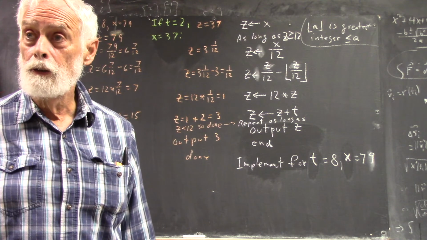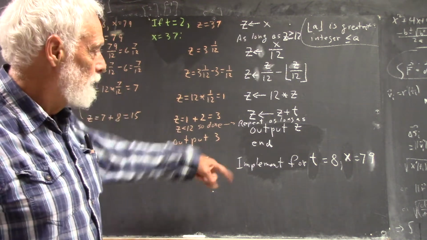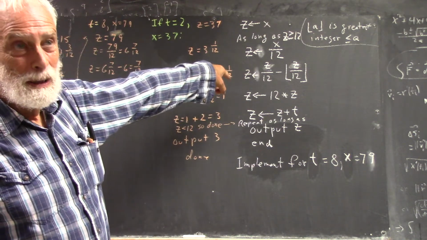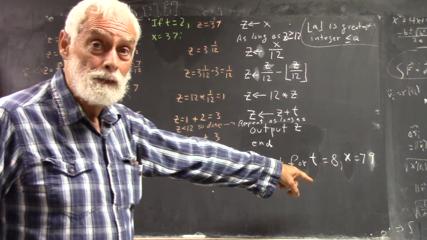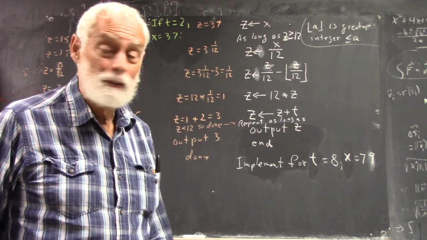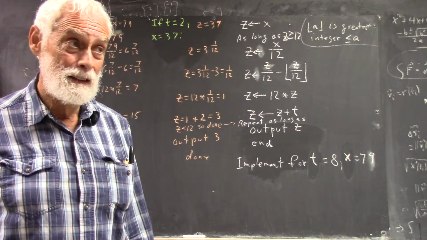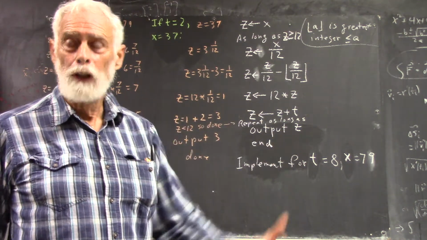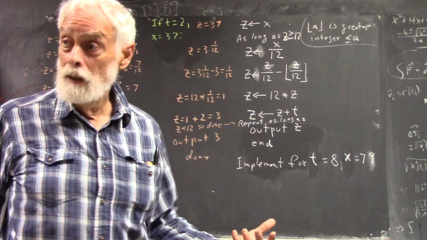Don't say punch this into your calculator. And incidentally, if you're using a calculator to do this, you really should be able to do this in your head. If you're having to punch buttons for this arithmetic, which involves nothing more than dividing 79 by 12, you're too dependent on your calculator. There are things that you can't think about because you're not thinking about the numbers, you're just accepting calculator output.